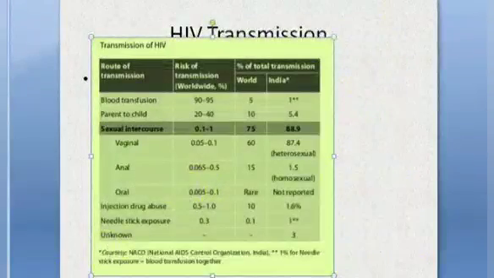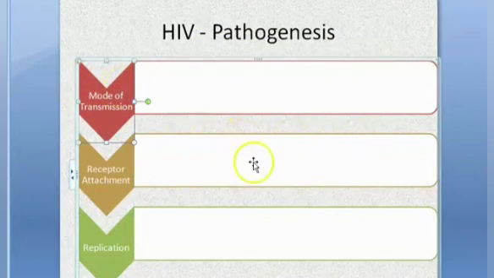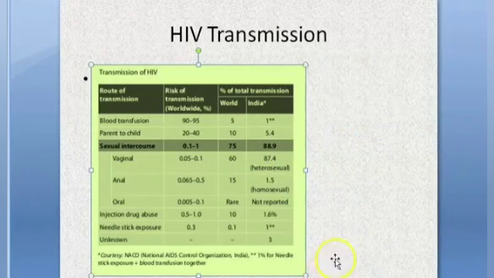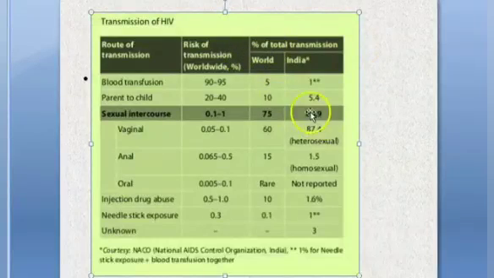But you should be safe. Guys, in this mode of transmission, just look at the Indian scenario. In India, of the percentage of total transmission, 88.9% is sexual. See, 88% is sexual.